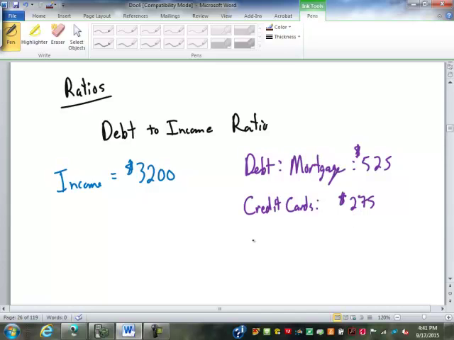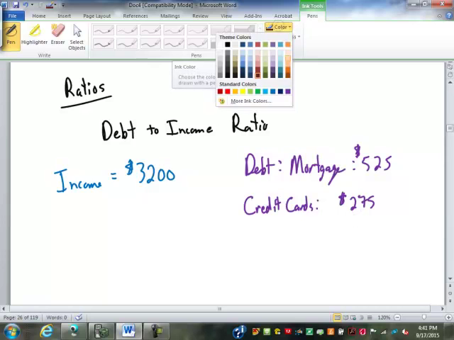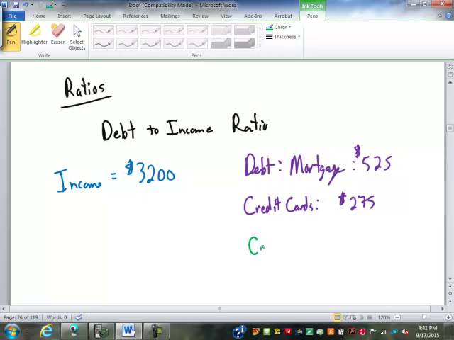So anyways, we're saying you want a car, and your proposed car payment is going to be $400. So now as we look at this, your total proposed debt is going to be $1,200. 525 plus 275 plus 400.